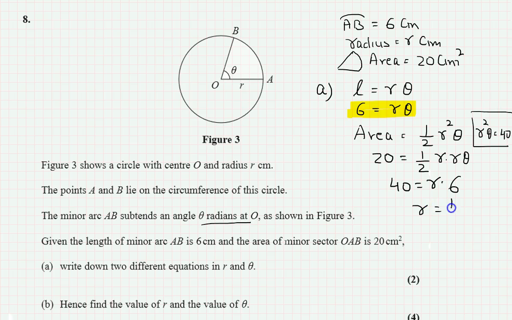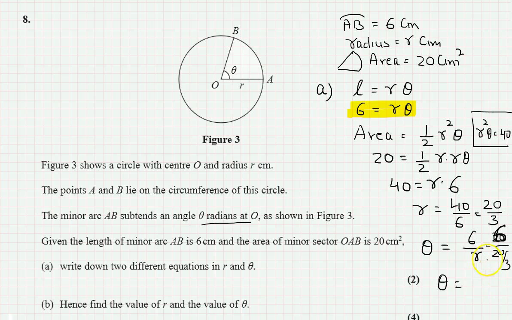So r is equal to 40 over 6, that is 20 over 3, and theta is equal to 6 over r. So that is 6 over 20 over 3.